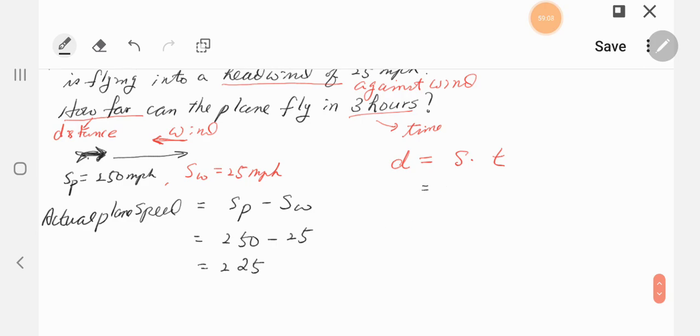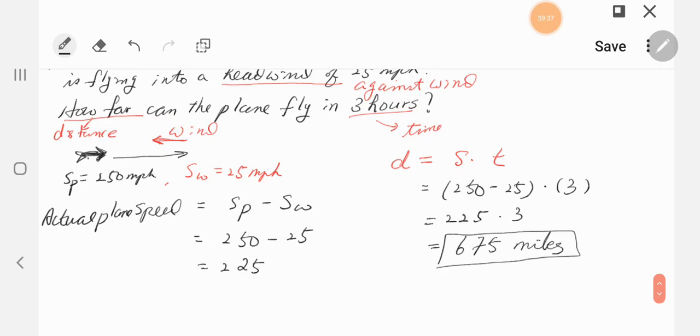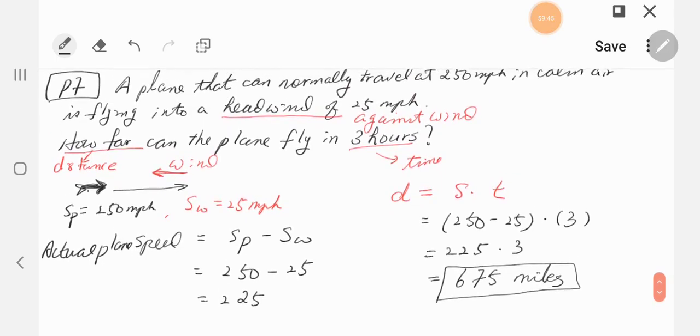The actual plane speed is 250 miles per hour minus the wind speed, times 3 hours. So that equals 225 times 3, which is 675. The unit is miles. So the plane actually flies 675 miles in 3 hours.